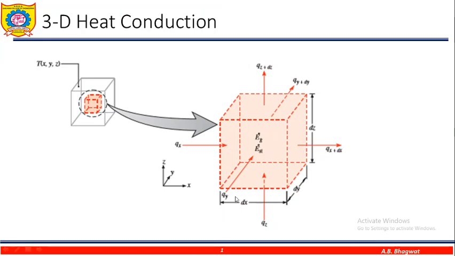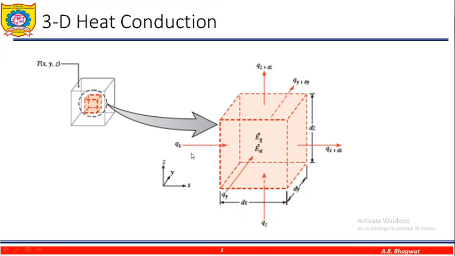When I am talking about heat transfer in y direction, the cross sectional area is dx into dz. When I am talking about heat transfer in z direction, what is the cross sectional area? It is dy into dx.